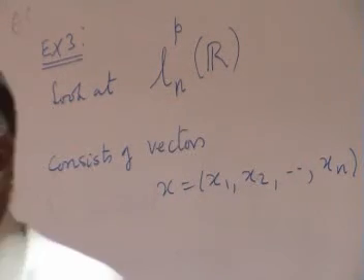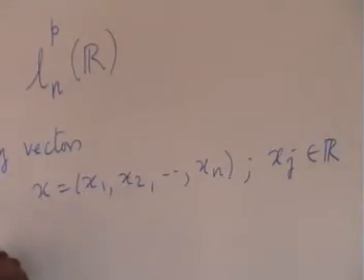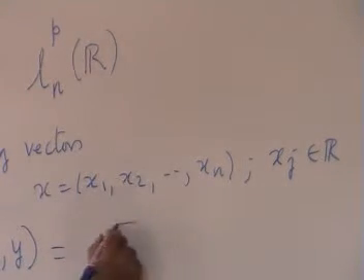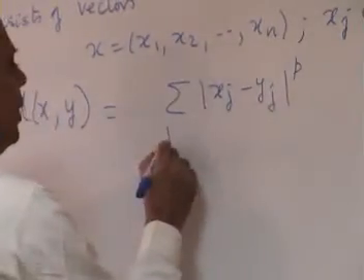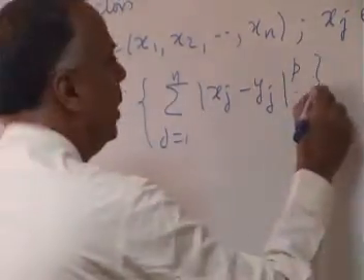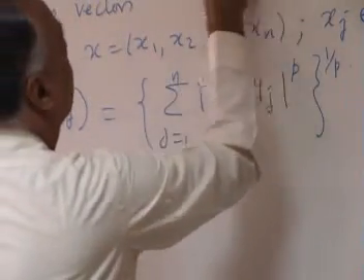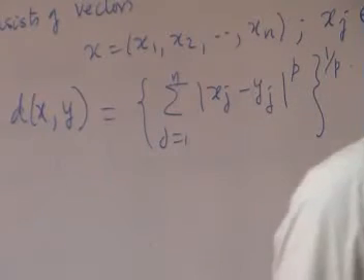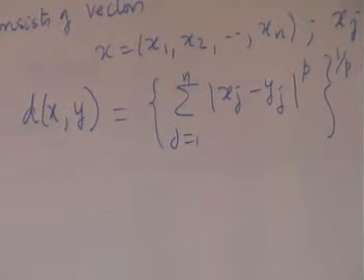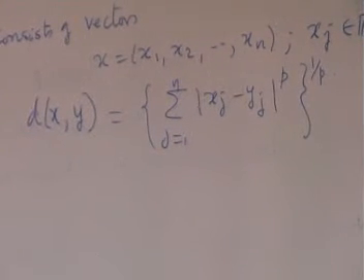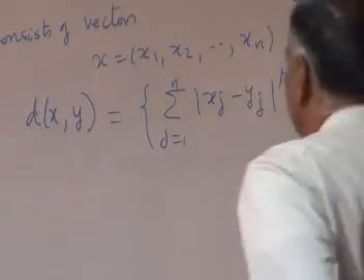That is the first. What is that p saying? That tells what is the distance. The distance between two such vectors is defined to be the difference in the coordinates to the power p, add all of them and take the 1 over p power. I am looking at 1 less than or equal to p less than infinity, because for that it satisfies the triangular inequality, which I have not proved, but we will come to that shortly, proving the triangle inequality. So this is the distance.